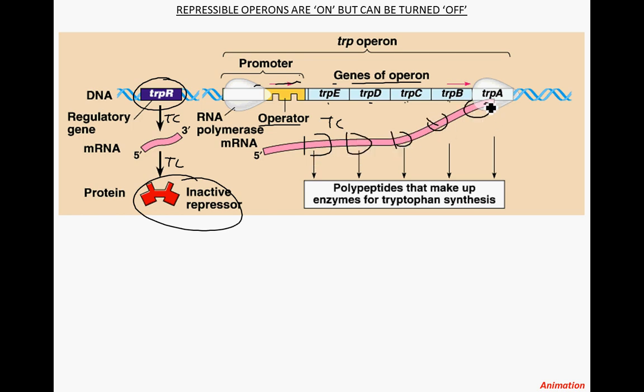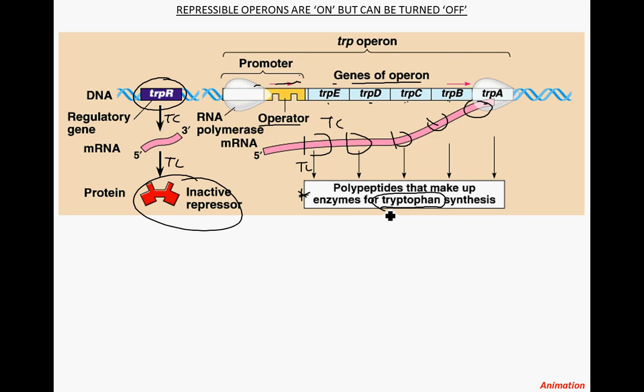In prokaryotes, these transcripts are all linked next to each other. The result of the translation of these linked transcripts are polypeptides that make up enzymes for tryptophan synthesis. So in this example, tryptophan is being produced, and there's a 5-step process that makes tryptophan for the cell.